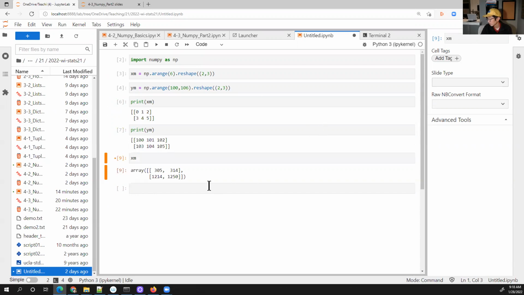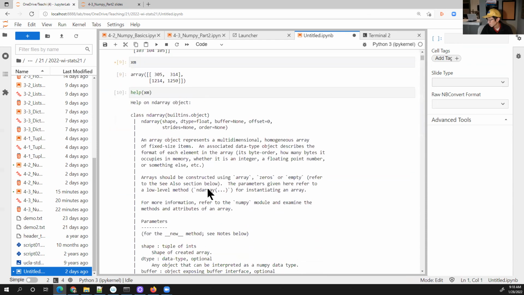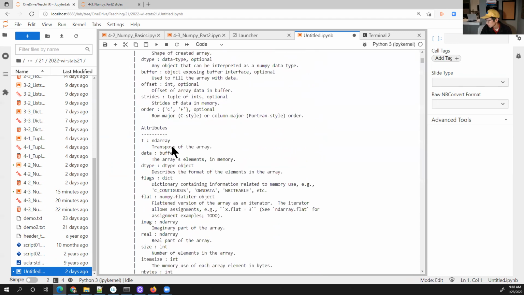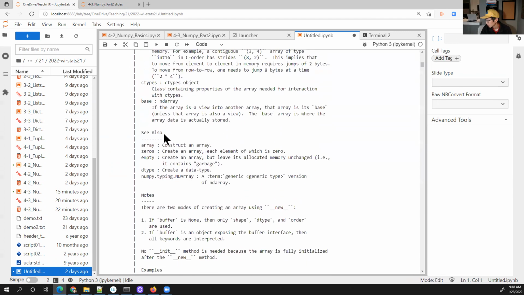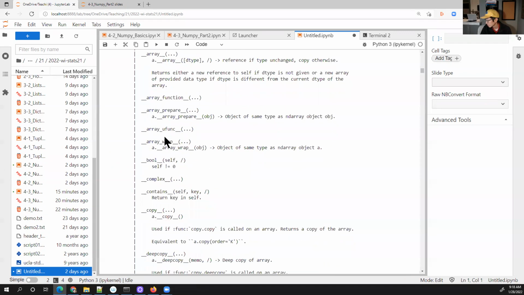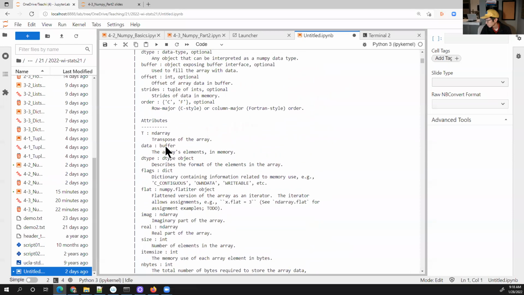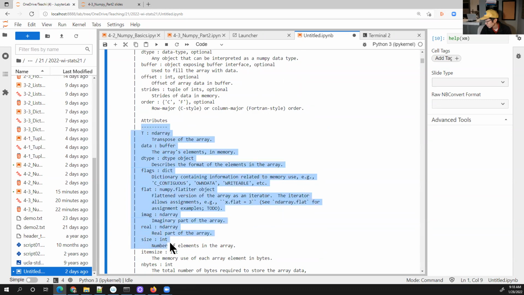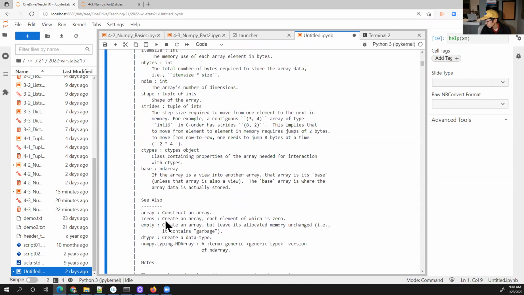Let's ask for help on ndarray. You can ask for the transpose. These are all of the attributes.